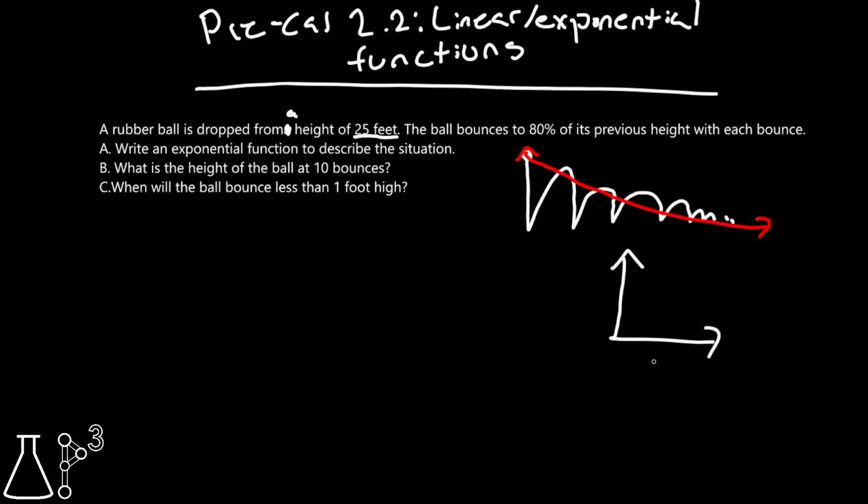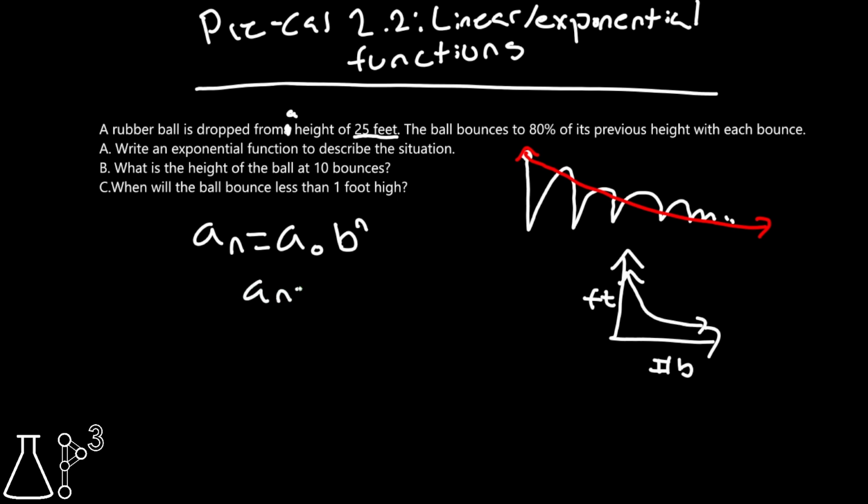You have your number of bounces, and your height in feet, and it would look like this. Whenever we see that curved shape of the graph, we know it's going to be an exponential function or a geometric sequence. So let's look at our function here. We know a_n is going to be a_0 times b to the n. Our a_0, we already know the first height is 25 feet, because that's where you're dropping it from.